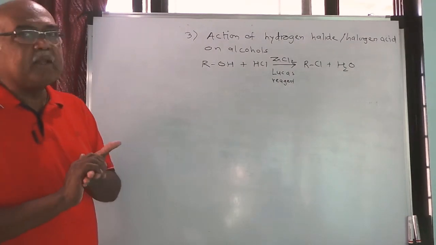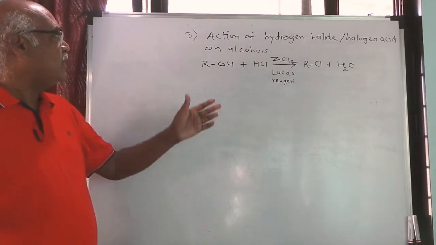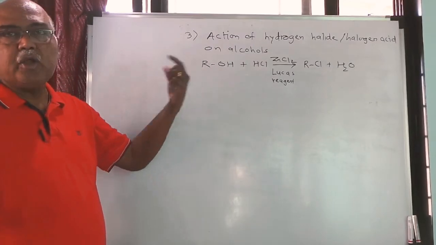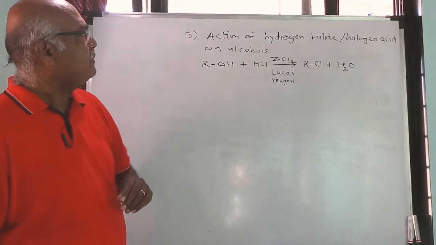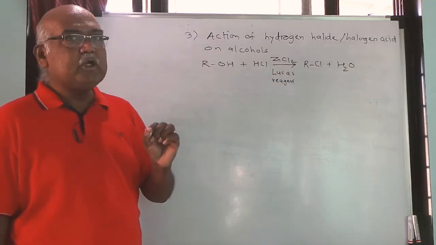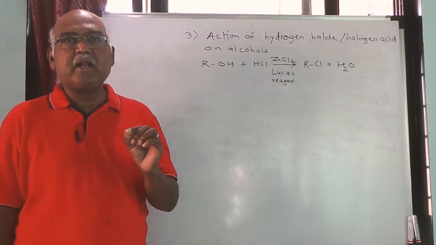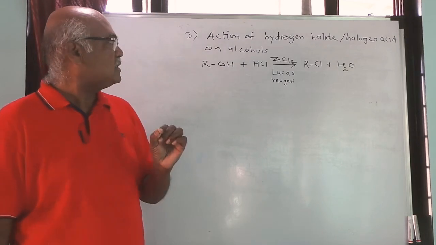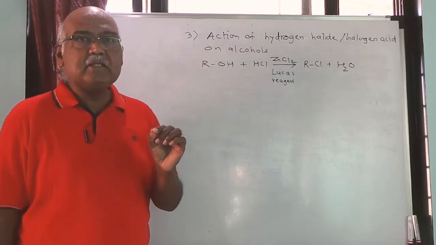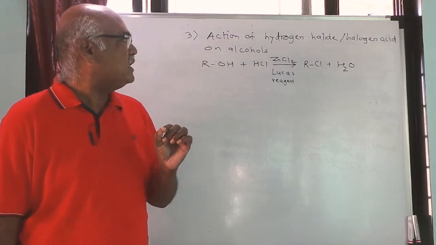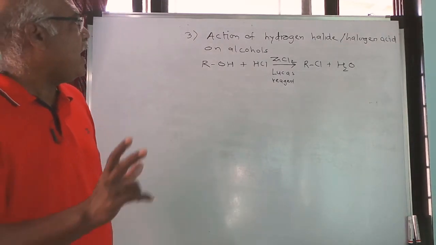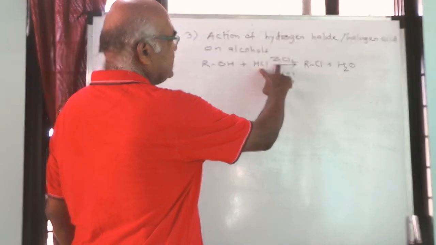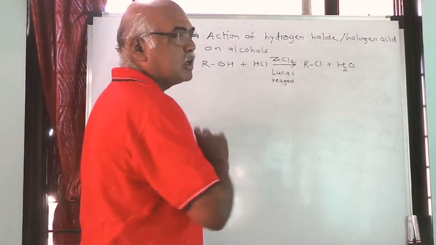Now the starting material is alcohol, that is ROH, and when this alcohol reacts with HCl, I have taken pure and dry hydrogen chloride, and now this hydrogen chloride is treated with ZnCl2. So the reaction is carried out in the presence of ZnCl2, and HCl and ZnCl2 is nothing but Lucas reagent.